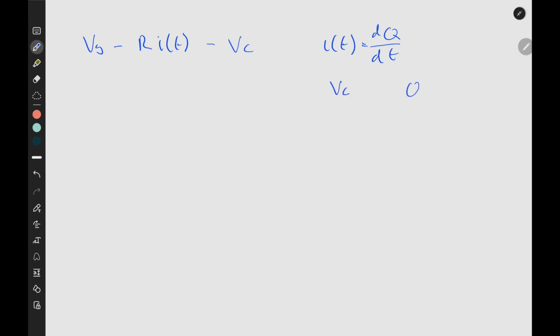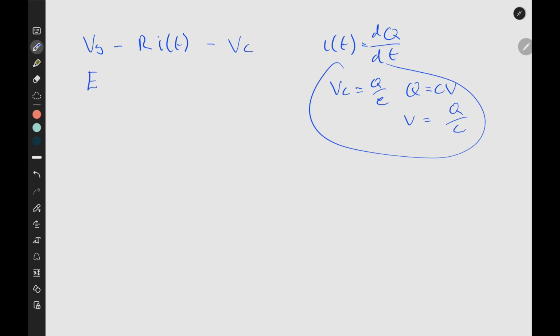We know that Q equals CV, so V equals Q over C. We'll replace VS with E, just because it's fewer subscripts, minus R times dq by dt, minus q over c.